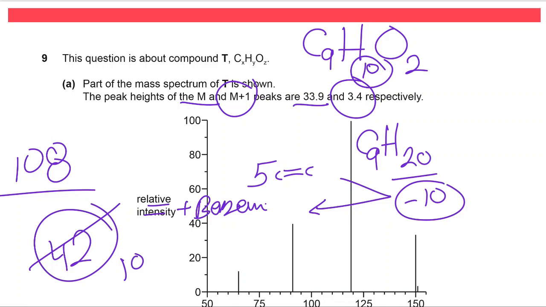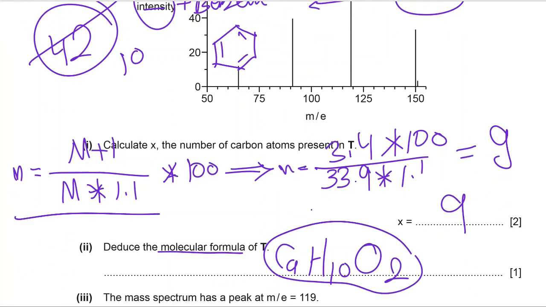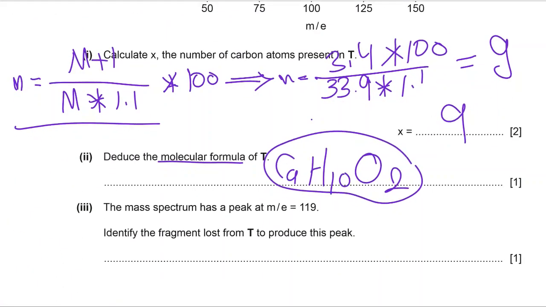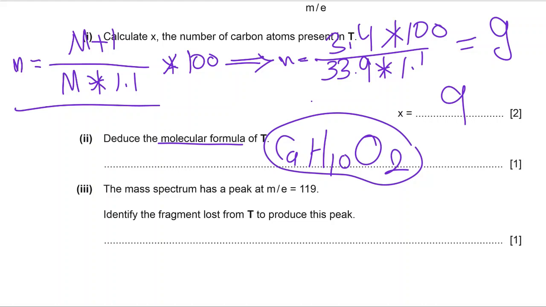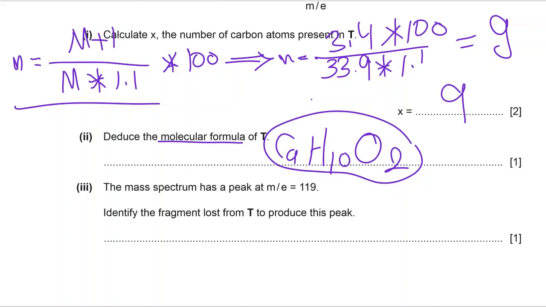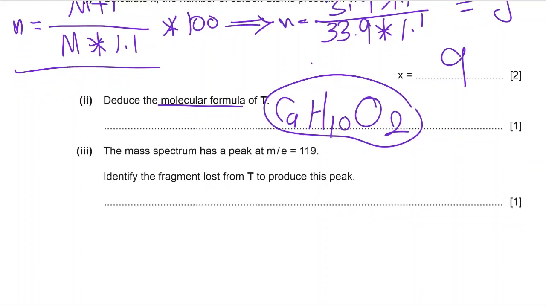Because if you have one ring, you need to subtract 2 hydrogens, and in the benzene ring you have 3 double bonds, which subtracts 6 hydrogens, so in total it's minus 8, and minus 2 for the double bond. So your compound could be a benzene ring with a double bond bonded to the benzene ring.